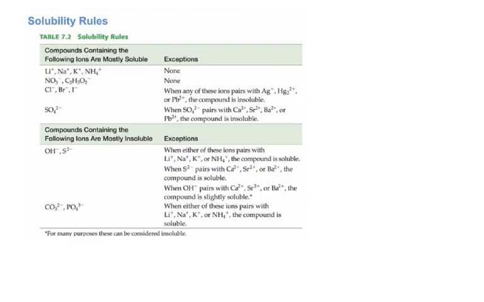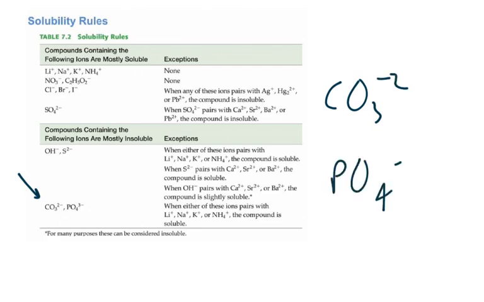Now we got one more rule. Normally, if you have something with carbonate or phosphate, normally it's not soluble. The only time that these are going to be soluble is if they are paired up with somebody from group 1, in other words, an alkali metal, or the polyatomic ion ammonium.